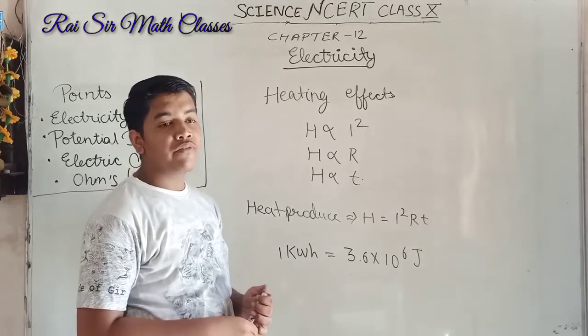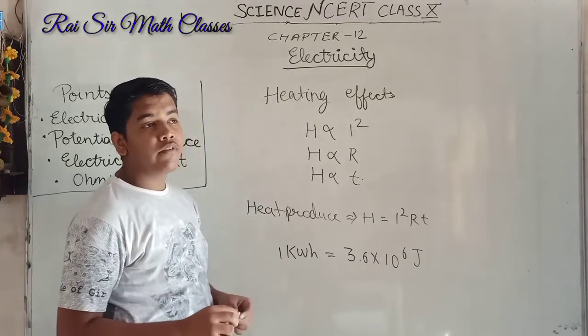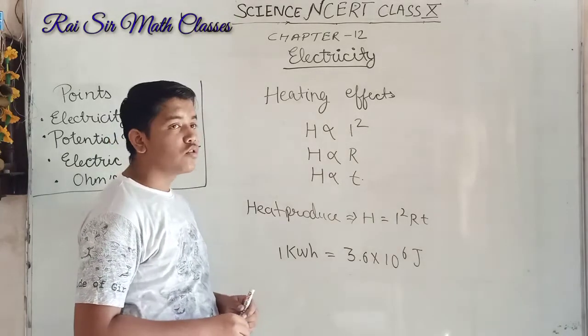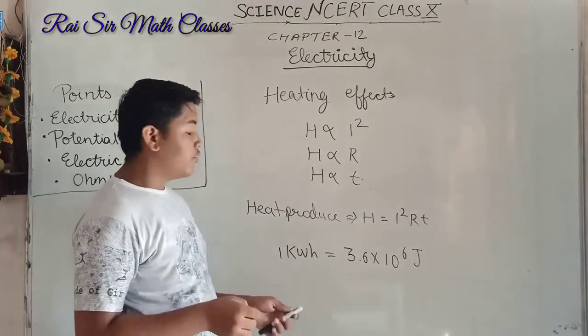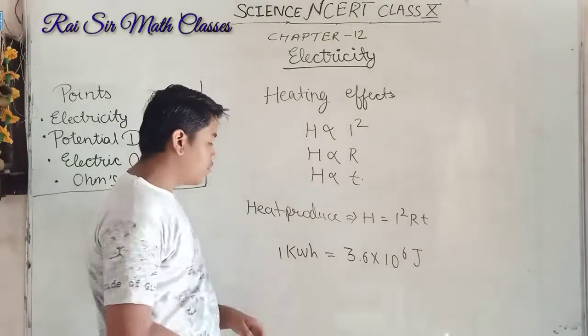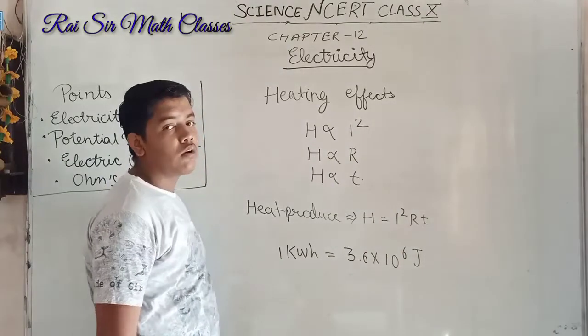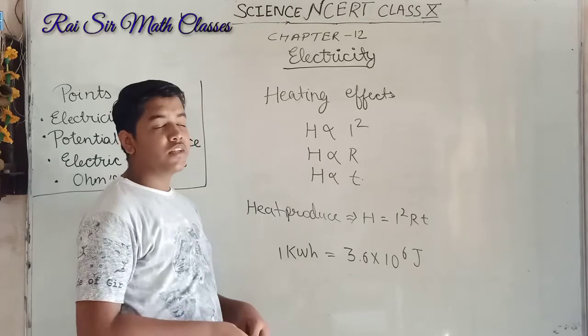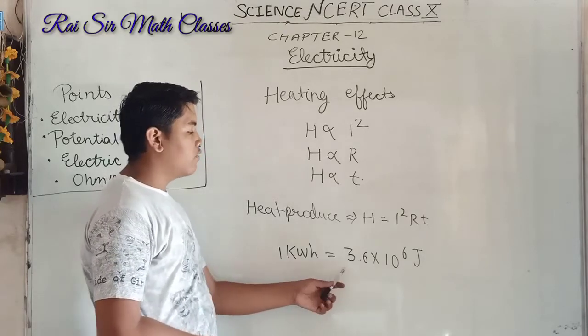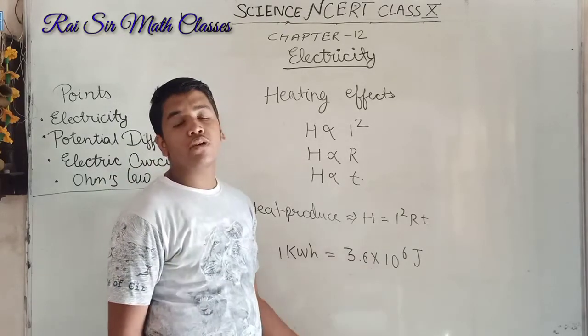In this you will find how many units of electricity we have consumed. Why do we call it a unit? It is not a unit, it is basically kilowatt hours, that is how much energy we have consumed in a month. It is equal to 3.6 into 10 to the power 6 joules.